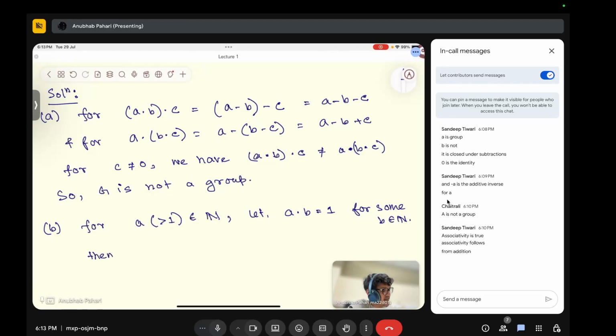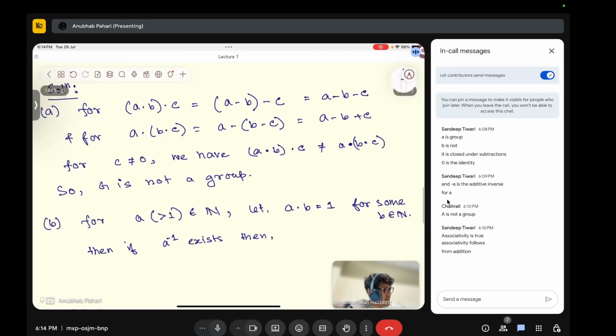Then if a inverse exists, then I mean b should be a inverse, right?